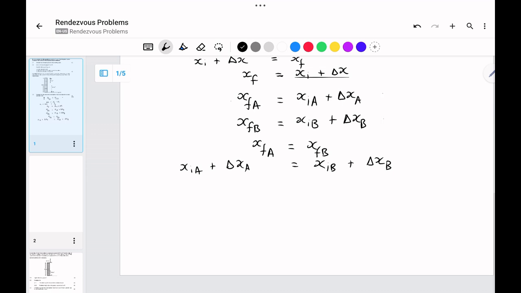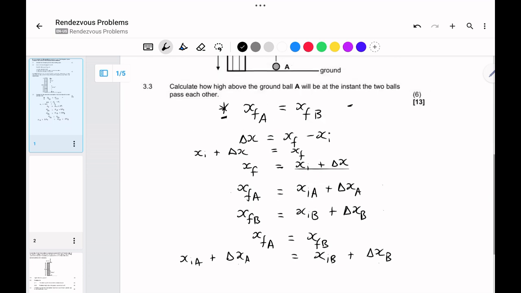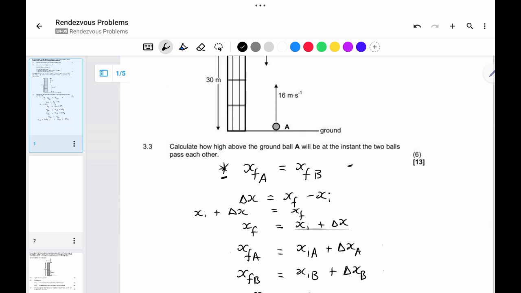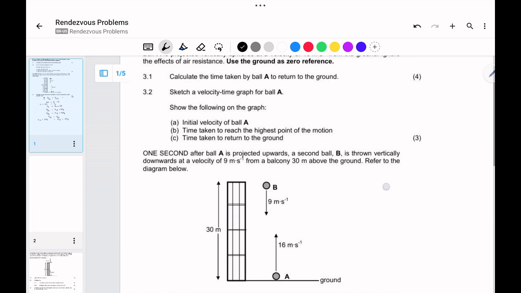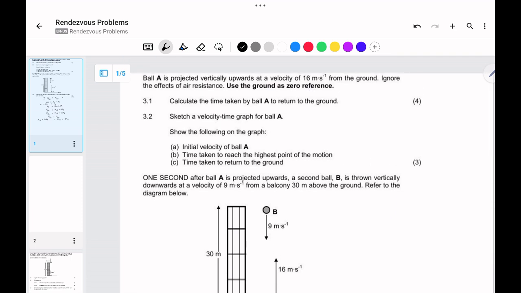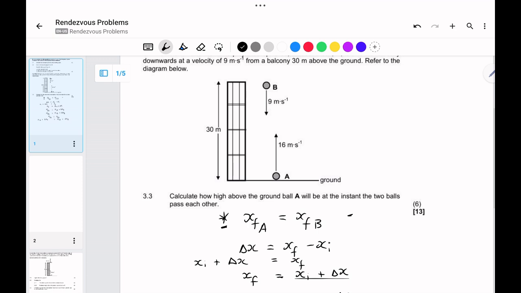Okay, so we now need to ask ourselves, what equation of motion can we use for the displacement? Because I did mention we have equations of motion for that. For the initial positions of A and B, we don't need any equation of motion. The initial position of A is the ground, and they told us to use the ground as zero reference. So the initial position of A is just 0.